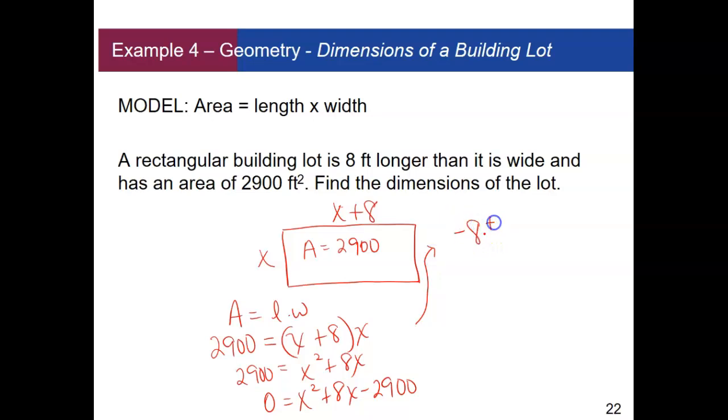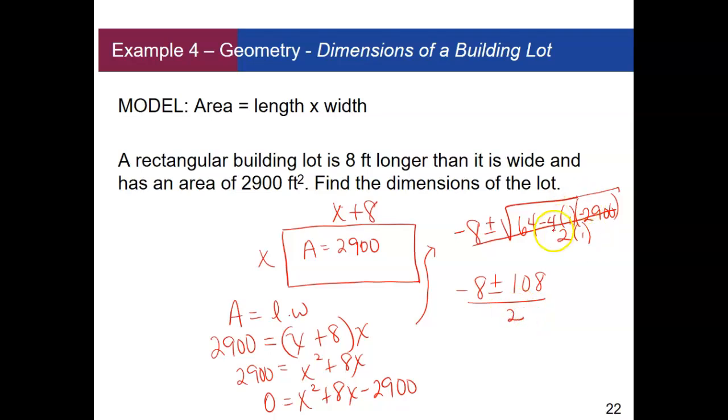So we'll have negative b plus or minus the square root of b squared minus 4 times a times c, and that's all over 2 times a. So I'll have -8 plus or minus, and if I simplify all of this, I actually get 108, and then that's over 2. So that's after you've taken the square root, it's going to be 108.